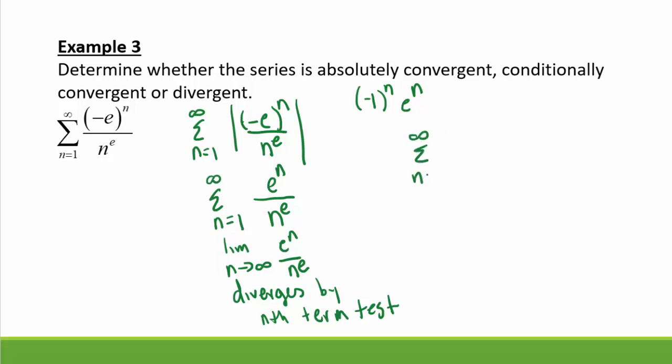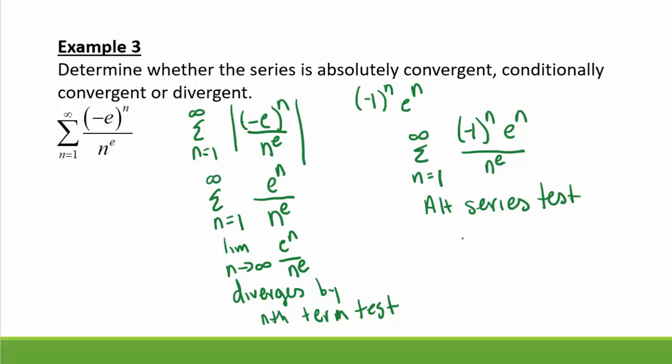So I look at it like this. And this is an alternating series, and each term is getting smaller. So I use my alternating series test, and I checked that the values were getting smaller in my calculator.